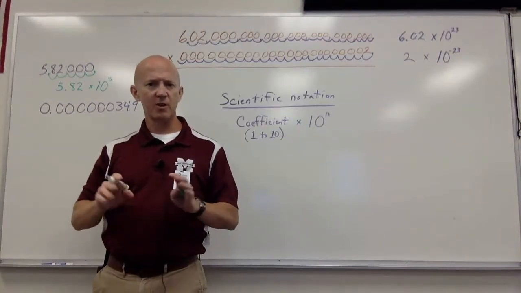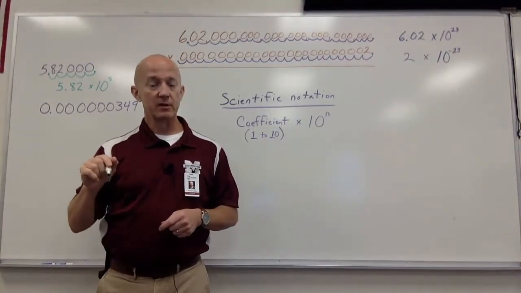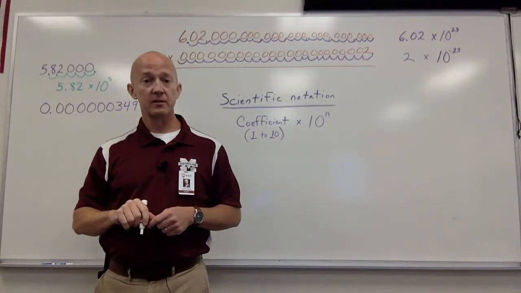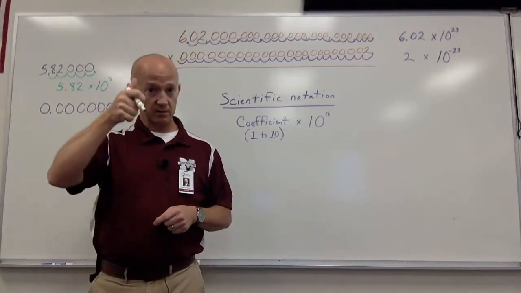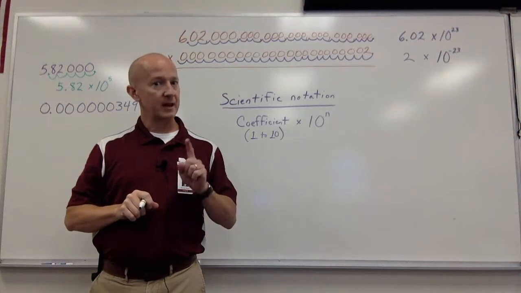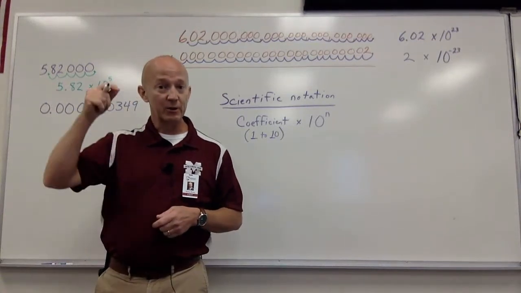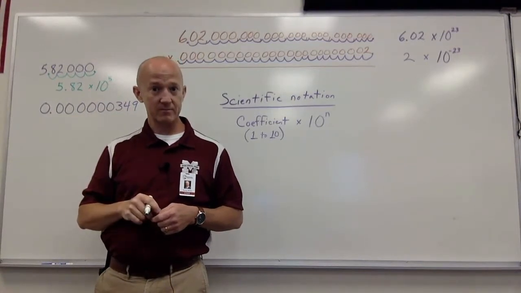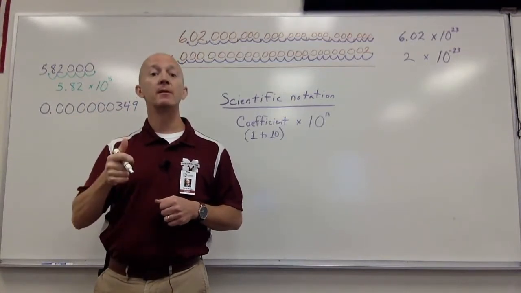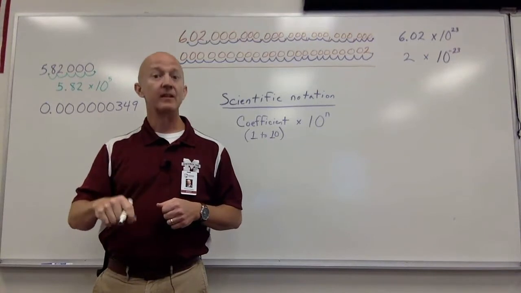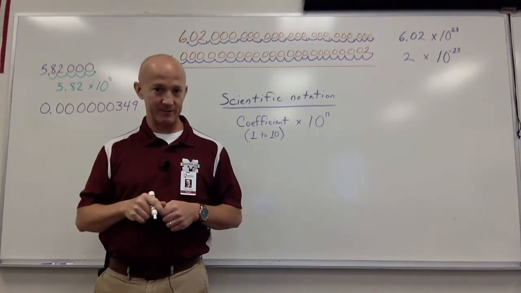Okay? So, anytime that decimal has to be taken to the left, your exponent goes up. Anytime your decimal needs to go to the right, your exponent goes down. Left up, right down. Left up, right down.